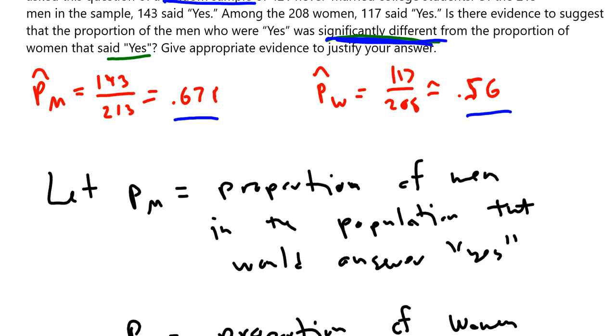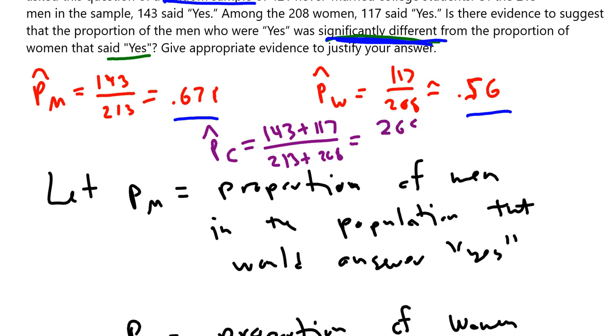So how do you do that? You write p hat combined equals the number of men who say yes plus the number of women who say yes over the number of men in the sample plus the number of women in the sample. After all, if we're assuming there's no difference between them, we should be able to combine them into one total proportion.